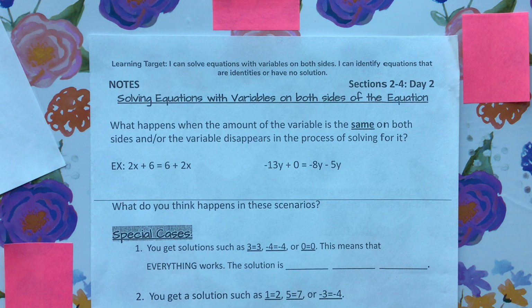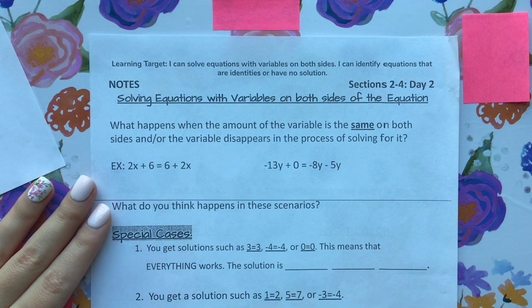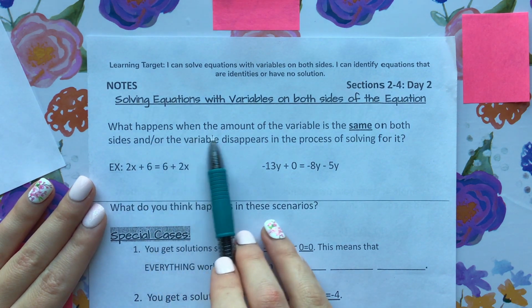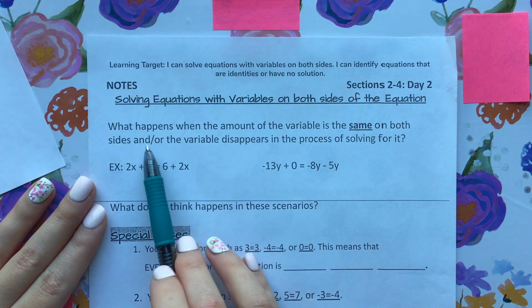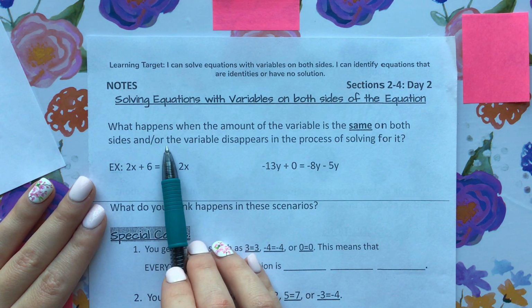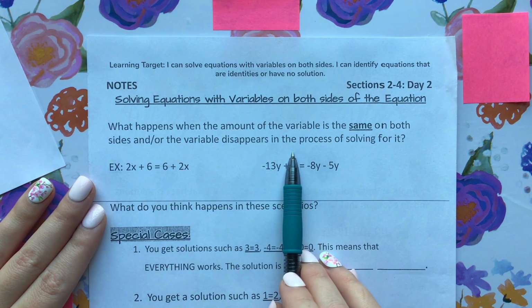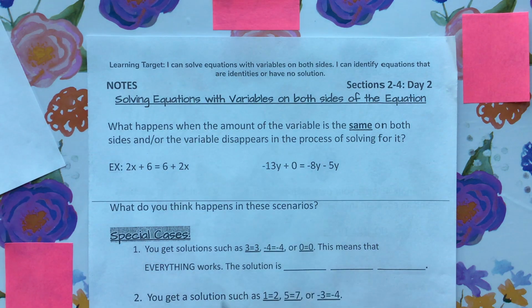So today I'd like for you to be able to identify the types of equations that are going to have no solution at all, or if they are an identity. So here is our first question, and it says, what happens when the amount of the variable is the same on both sides and or the variable disappears in the process of solving for it?